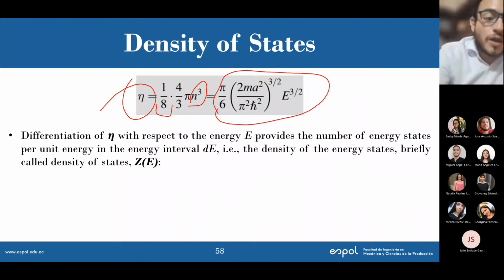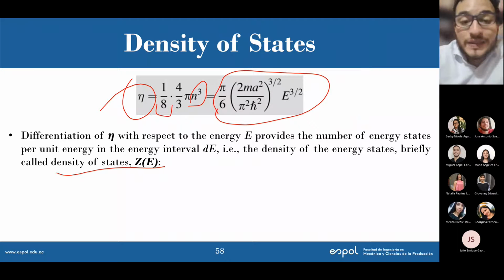And what do we call the density of states? Well, it's basically the number of energy states per unit energy in an interval dE. So in a small interval of energy, how many energy states do I have per unit energy.